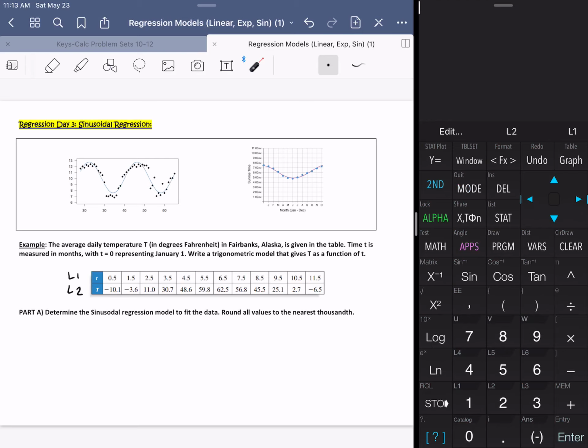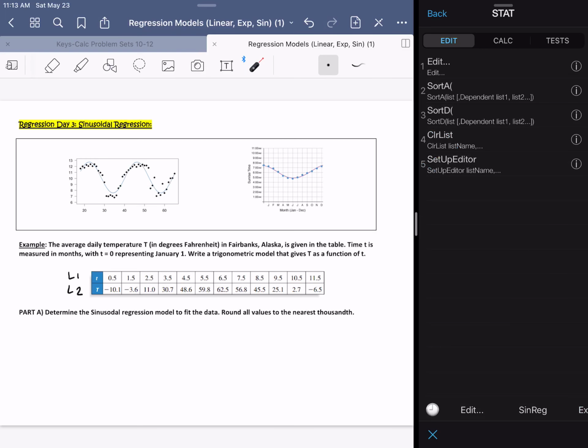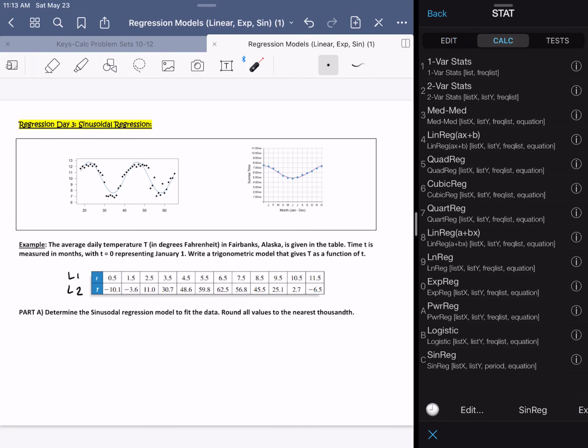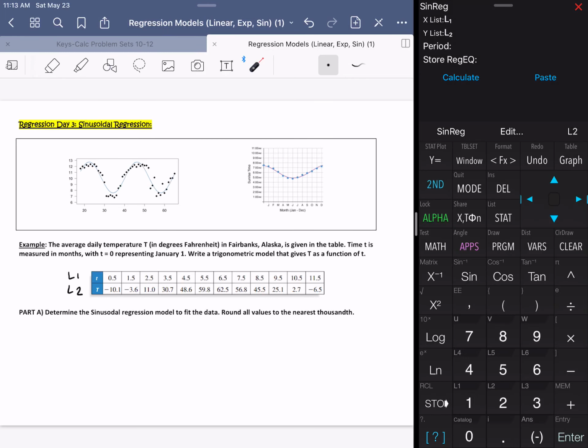And then we're going to hit stat over to calc, but this time we're going to go down to where it says sine REG, sine regression. And in your X list, you want to put L1. In your Y list, you want to put L2. Your period, you want to leave blank. And the store regression, you want to leave blank.